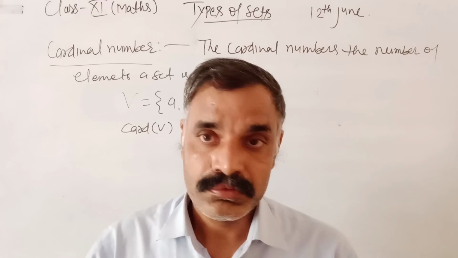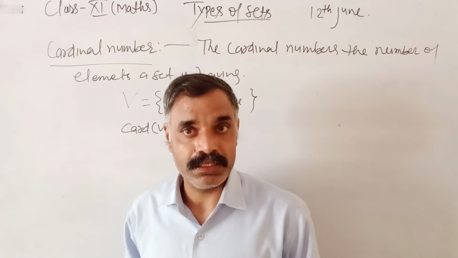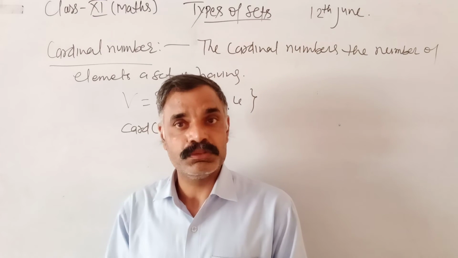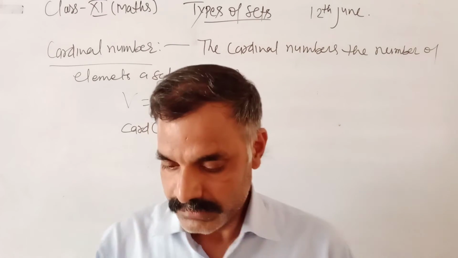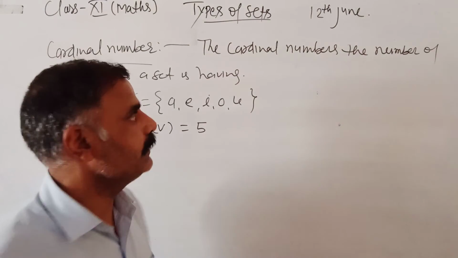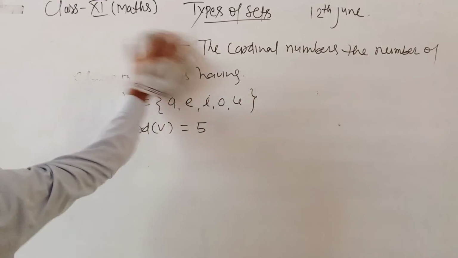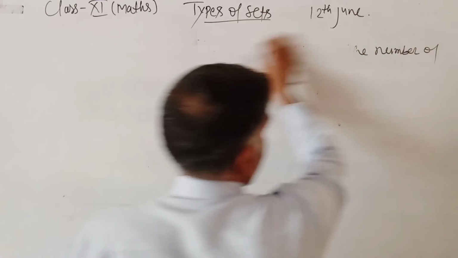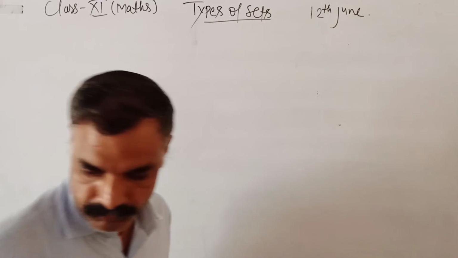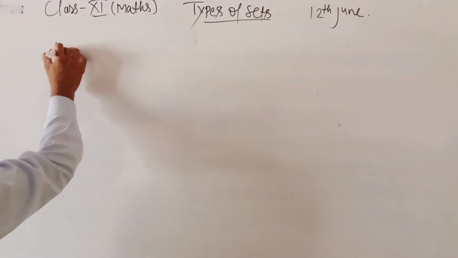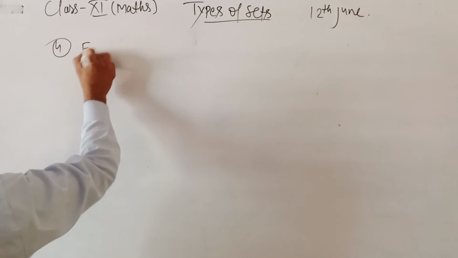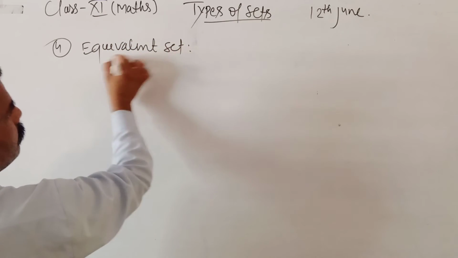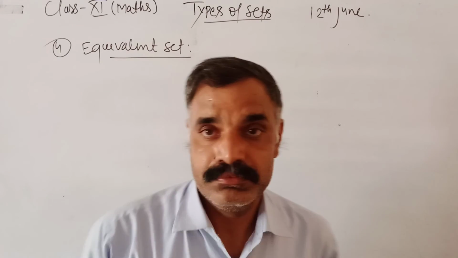Now we will learn two more types of set that depend on the cardinal number, or that can be defined using the cardinal number. The fourth type of set is the equivalent set.